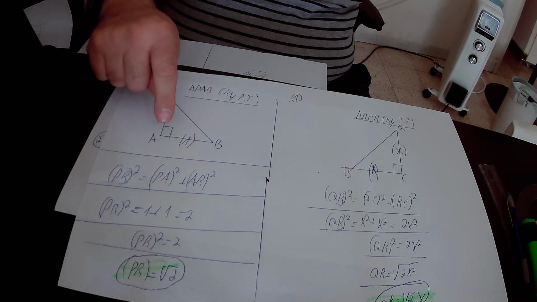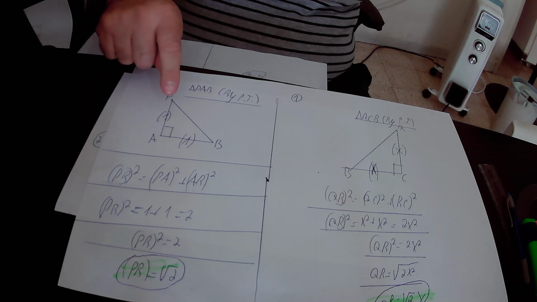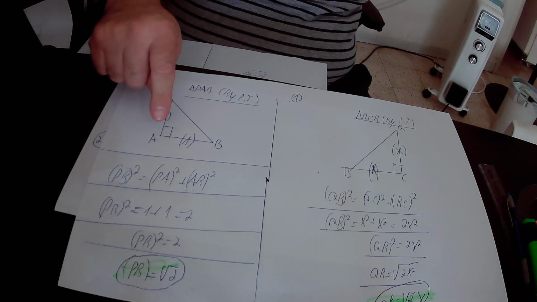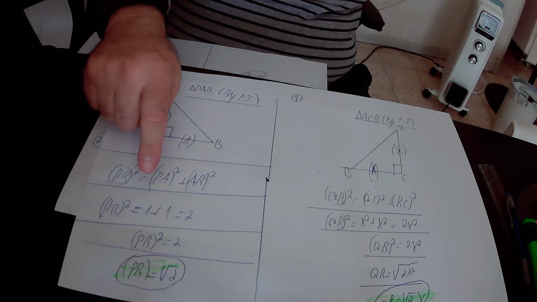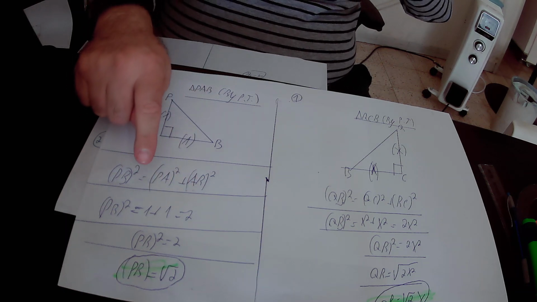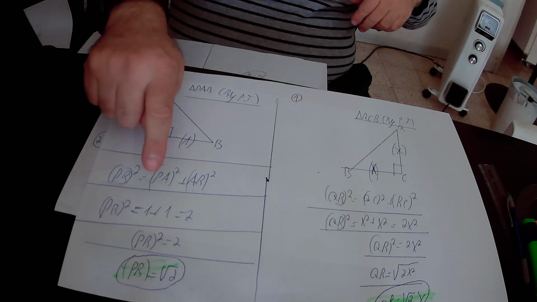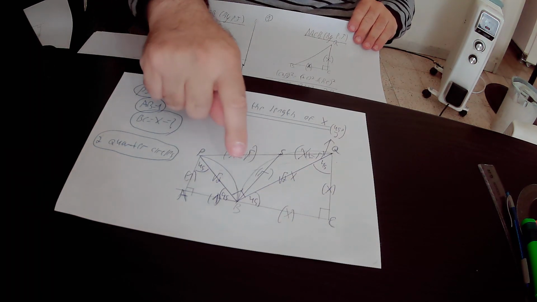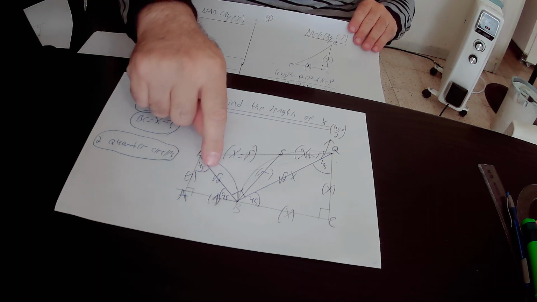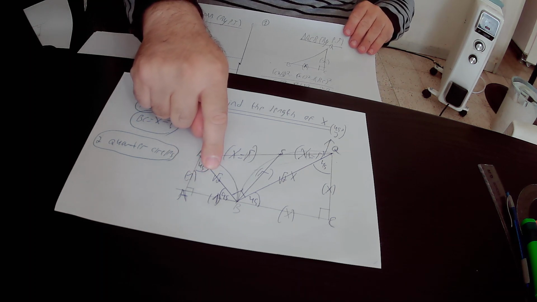PA is 1, therefore PA squared is 1 squared, that is 1, plus AB squared. AB is 1, therefore AB squared is 1. So in total PB squared equals 1 plus 1, that is 2. PB squared equals 2. We took the square root of this equation and finally found out that PB equals the square root of 2 units. Here, the hypotenuse PB of the right triangle PAB equals the square root of 2 units in its length.